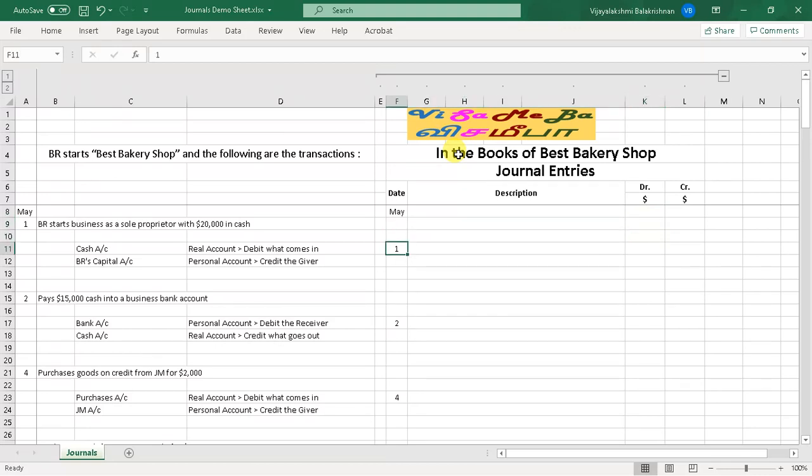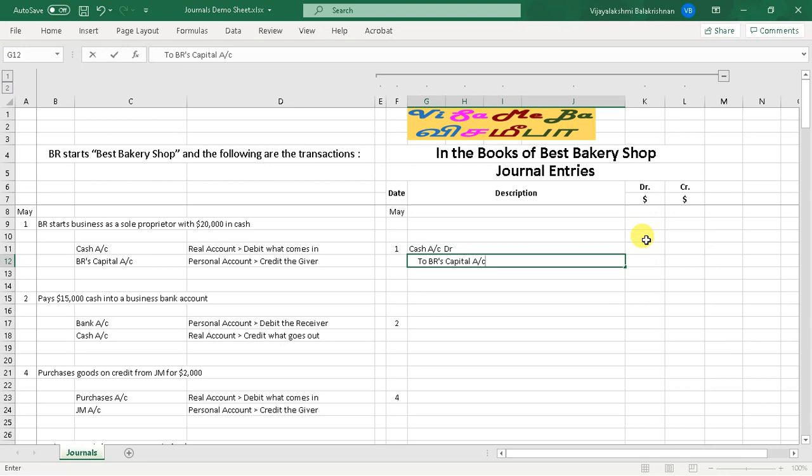So on 1st May, cash is coming into the business, so cash account Dr. So if it's a debit entry, you have to put Dr, and if it's a credit entry, go to the third letter and type To, BR capital account.